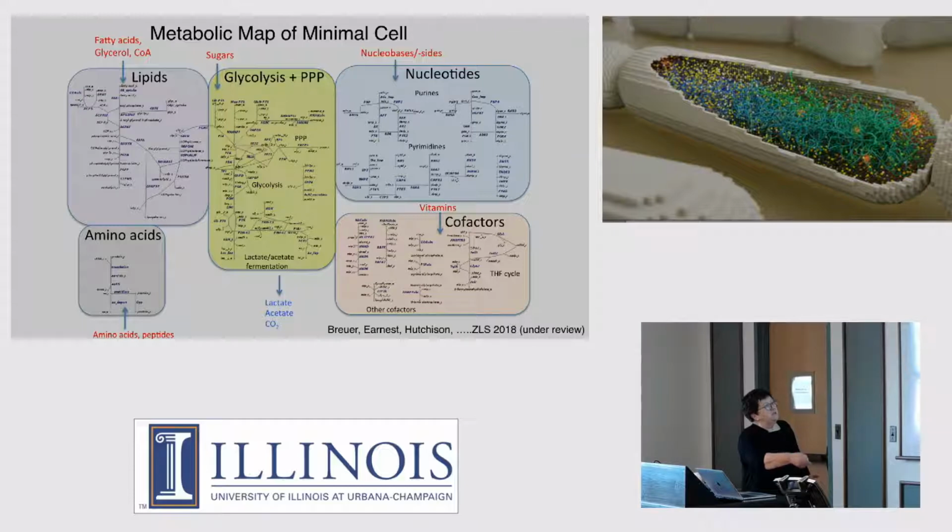Here's the glycolysis pathway. That's pretty much the same as you see in E. coli, but the connections between it and nucleotide metabolism, lipid metabolism, amino acid metabolism, there is no TCA cycle, for example, or much smaller. The other thing I want to point out is the energy requirements are so much different.